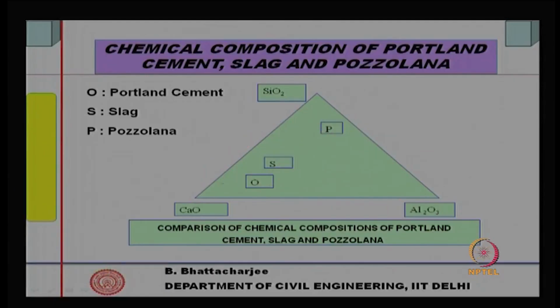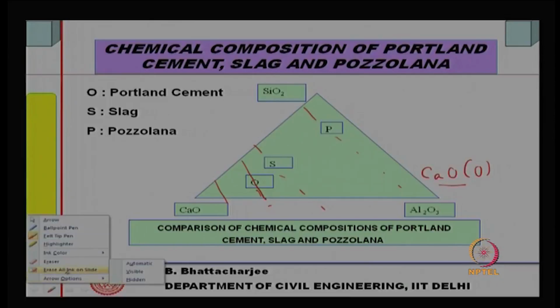This one has this much calcium oxide, because 0 is this line and 100 is here. Calcium oxide is small in pozzolana. Slag has somewhat higher calcium oxide, but less than the OPC.